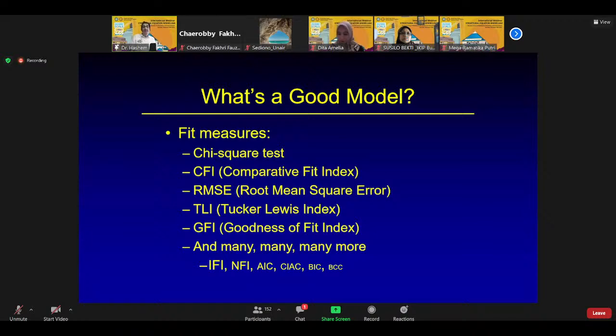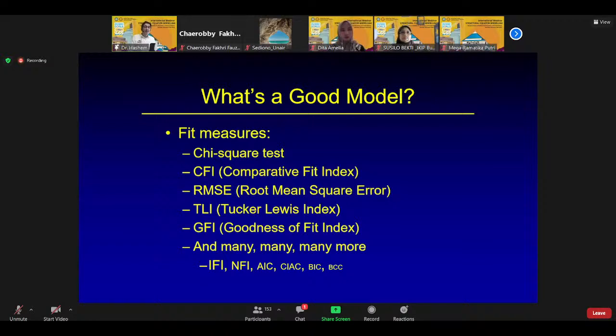It's called model fit, or sometimes I put here the fit measures, based on some statistics. What are those statistics? The chi-square test, CFI, which is the comparative fit index, RMSEA, root mean square error of approximation, TLI, the Tucker-Lewis index, GFI, goodness of fit index, and many other indices that you have to use to test model fit, right?